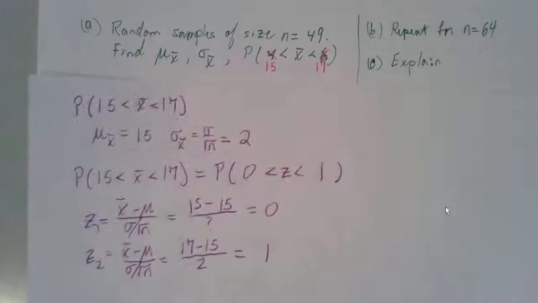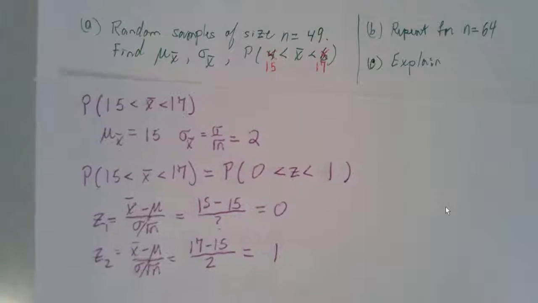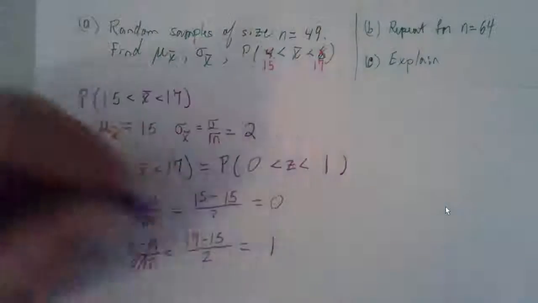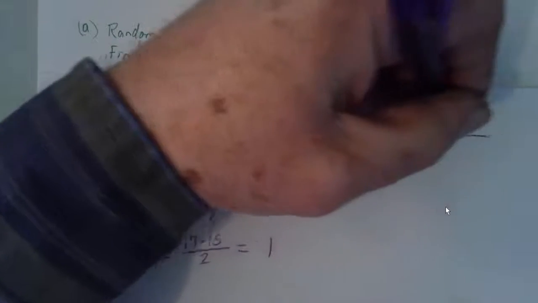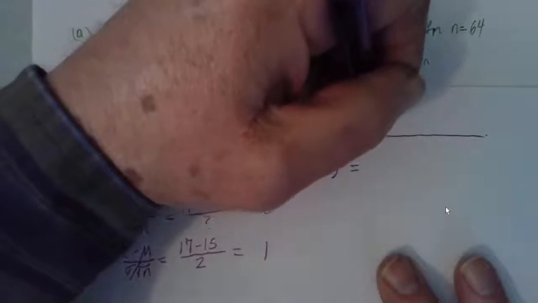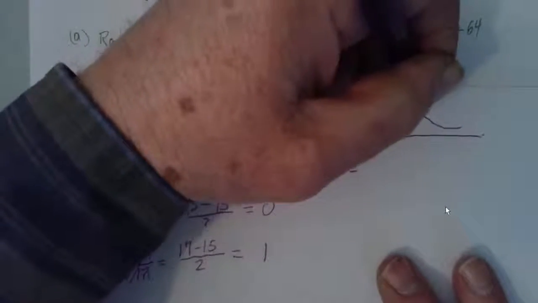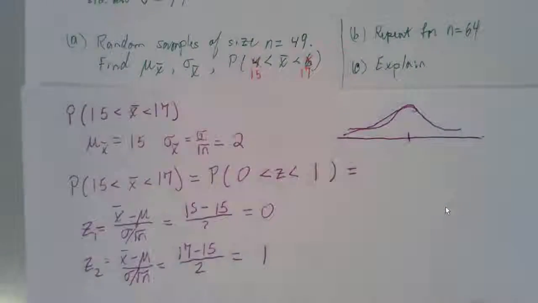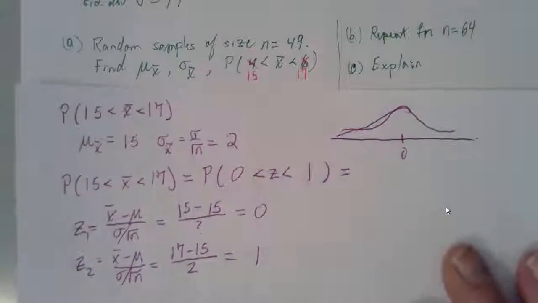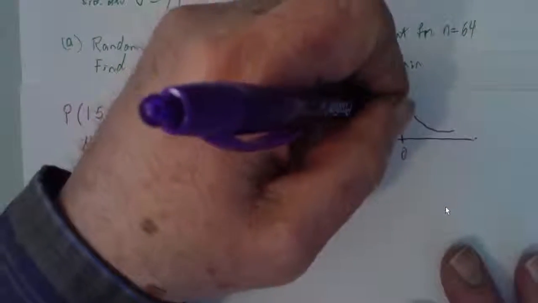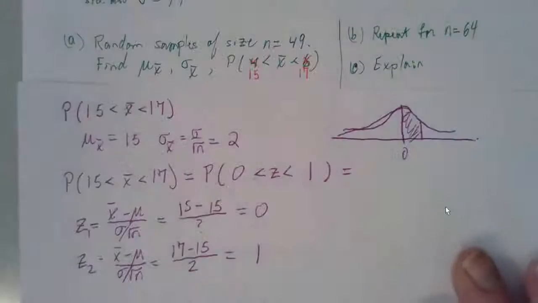Now, if we were going to do this by means of a table, the way we would do it is we would look up the probability. Well, let's just sketch a picture here before we start the calculations. We have our normal distribution here, and the standard normal distribution has a mean of 0. So we want to go between 0 and 1. We're looking for this area right here.